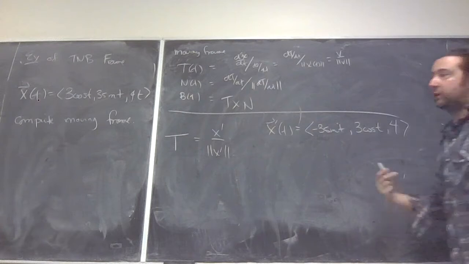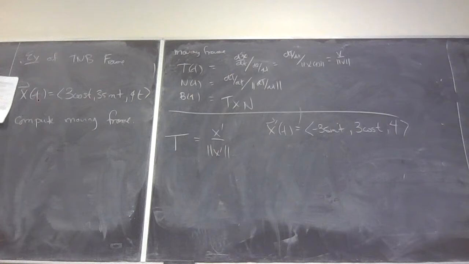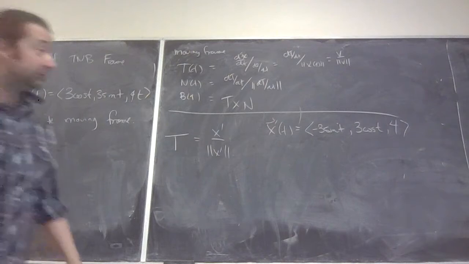Okay, derivatives work entry-wise when working with vector maps, remember. So if I have d by dt, a regular old derivative of a vector valued map, I can just push the derivative inside. That has to do with the way vector arithmetic works.